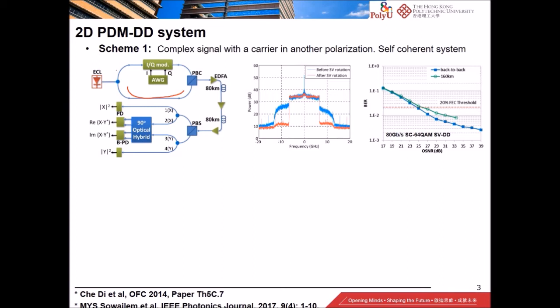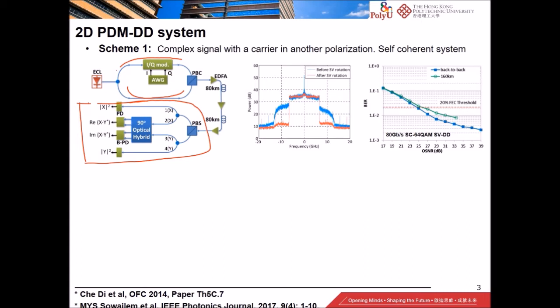The signal in the other path can undergo complex modulation, with I and Q. The receiver structure consists of a few PDs, and also a 90-degree hybrid and balanced photodiodes, so that one can recover both the signal power in both polarizations as well as the phase difference between polarizations.